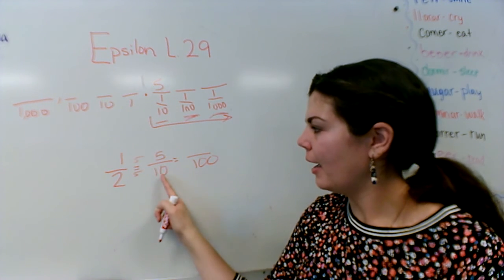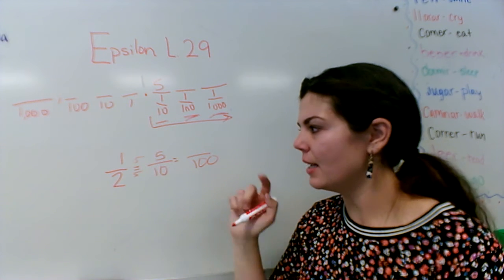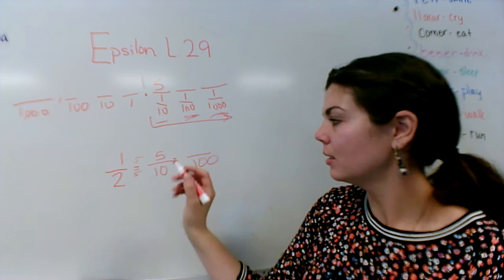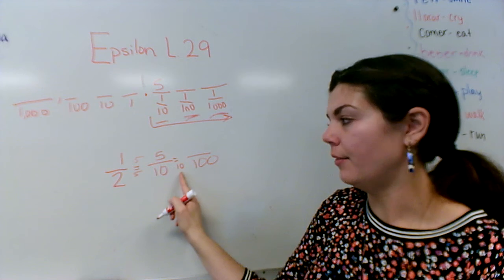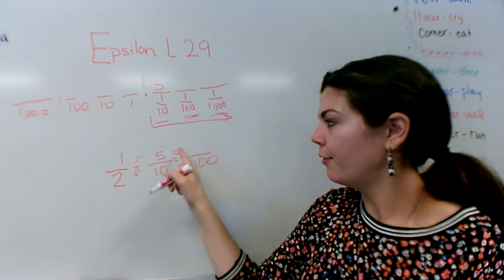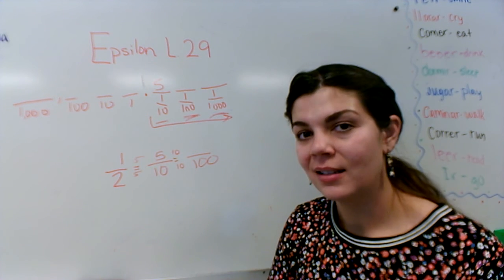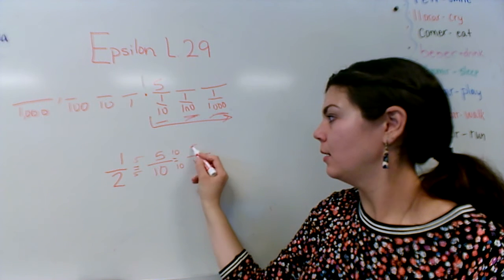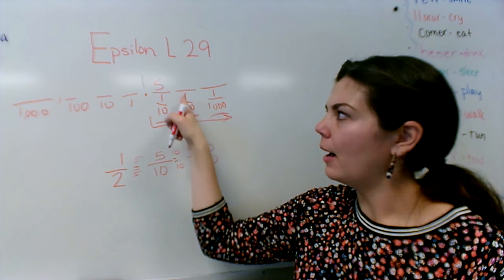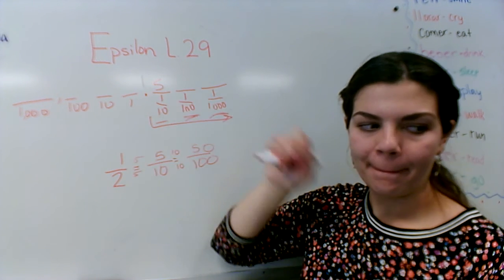We're doing our equivalency again. How many tens? 10 times what is 100? 10. If I do it to the bottom, I need to do it to the top. 5 times 10 is 50. 50 out of 100.